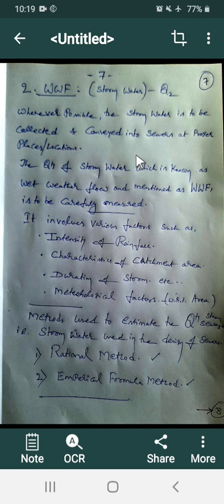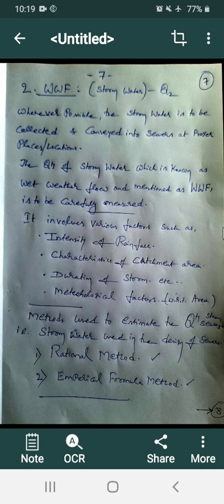The quantity of storm water, which is known as wet weather flow and mentioned as WWF, is to be carefully measured. WWF is the storm water, that is called Q2.